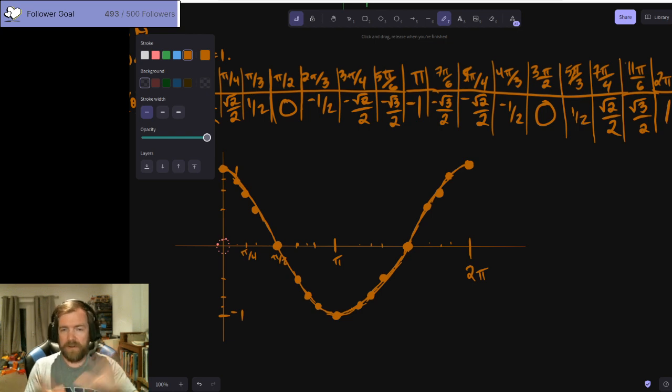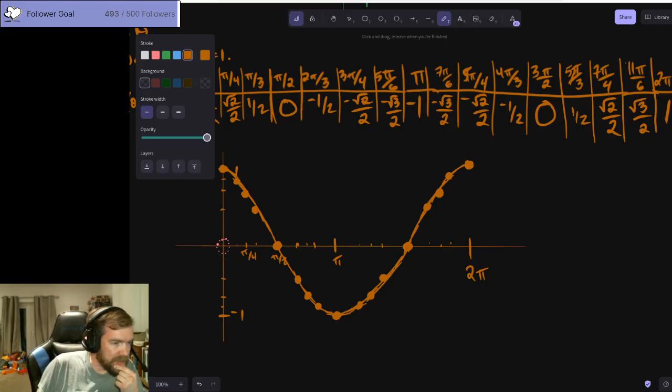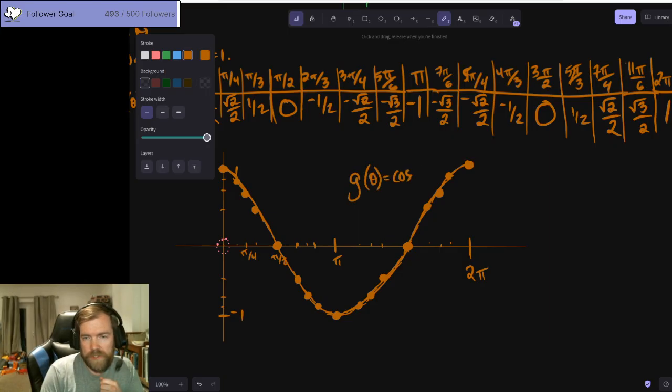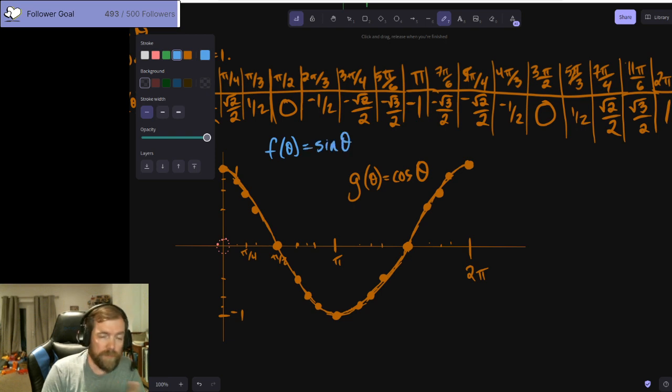Again, we're going to get pieces that are copied in the right or left direction from here, but this is our first period. Minimums of one function match to the maxes of the other? Not quite, at least not in this case. If you were to overlay our g of theta equals cosine of theta here with our f of theta equals sine of theta in blue, we'd end up with points that go here, here.